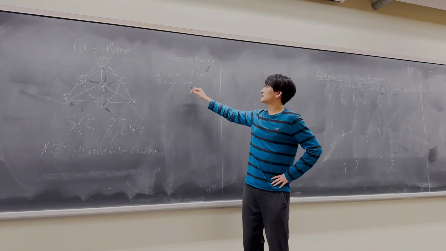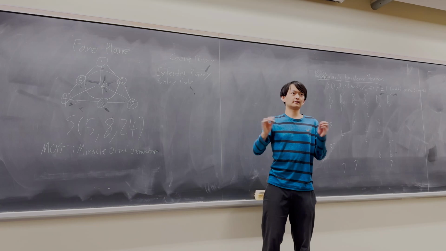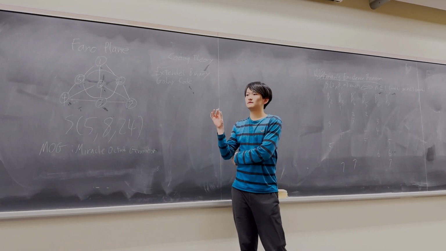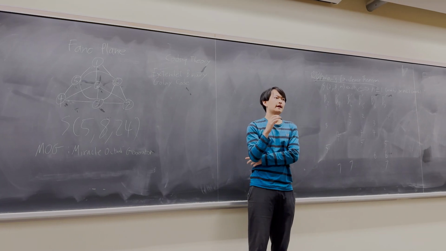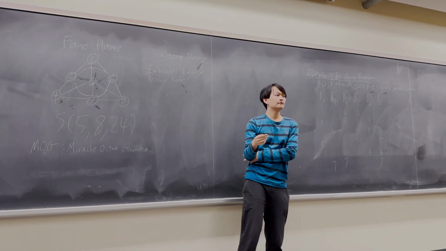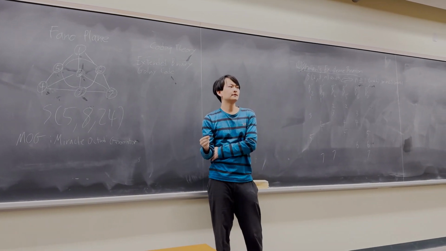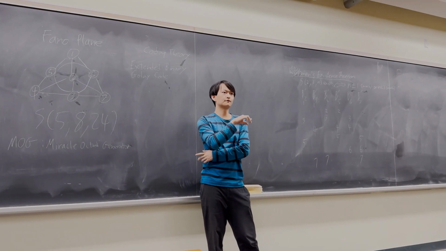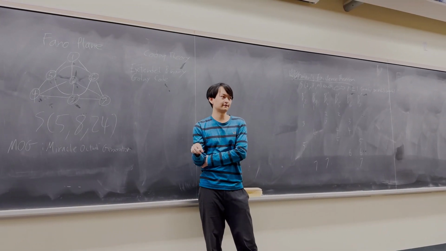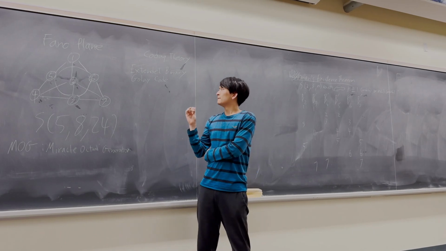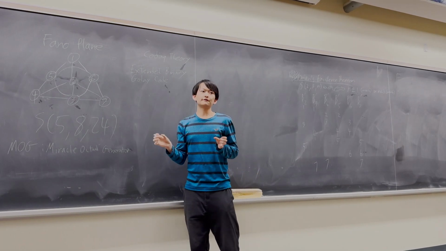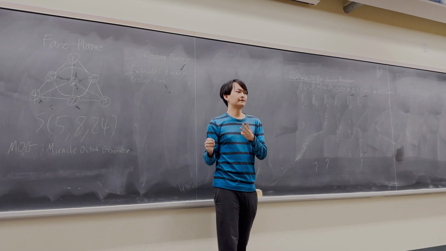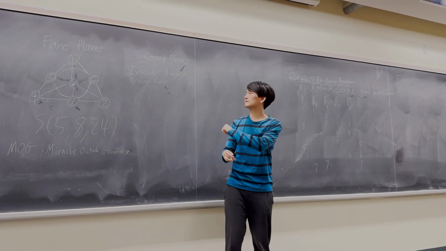So the extended binary Golay code, each word has length 24. It has this property where every single valid code word is a distance 8 apart, which means you have to have 8 bit flips to go from one valid message to another. Because everything is a distance 8 apart, it can correct up to 3 bit flips.